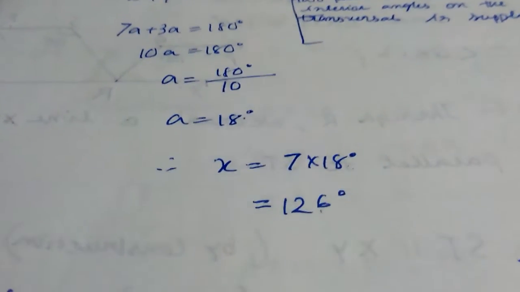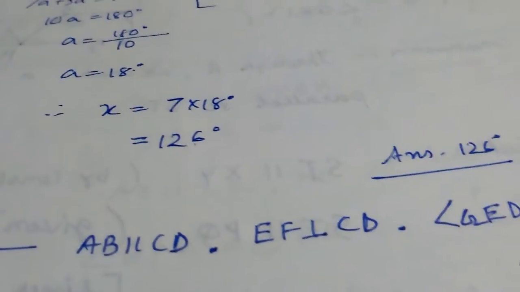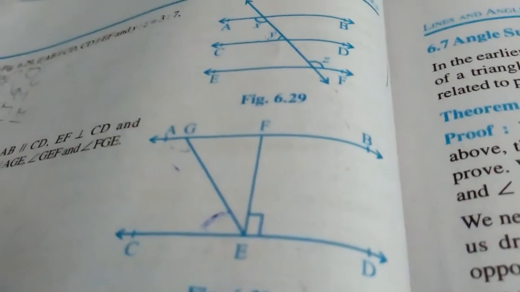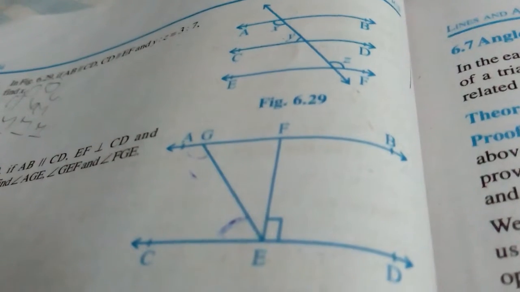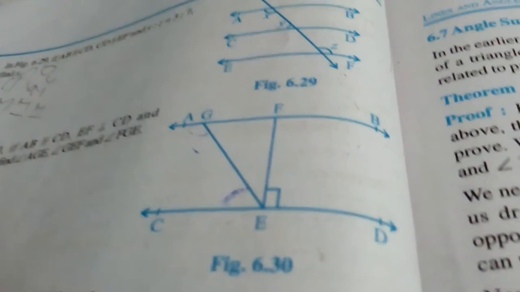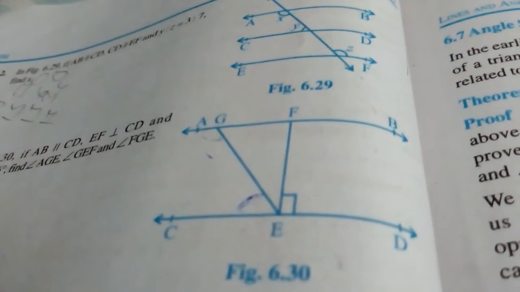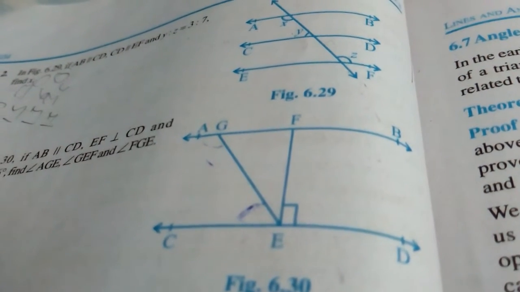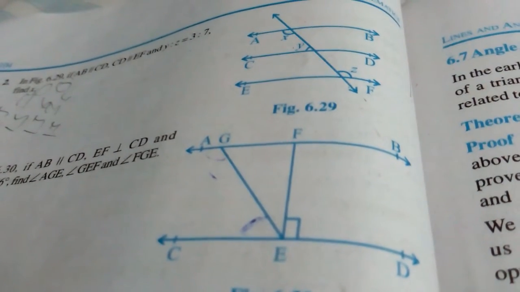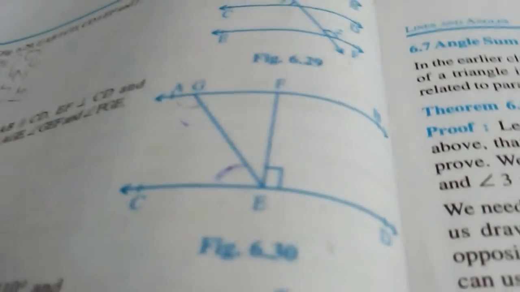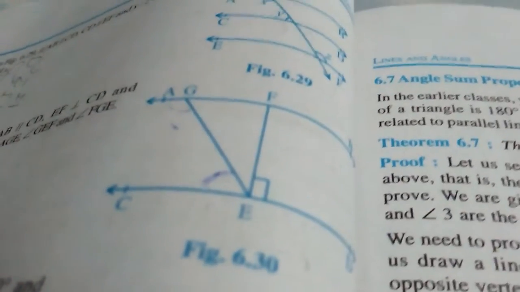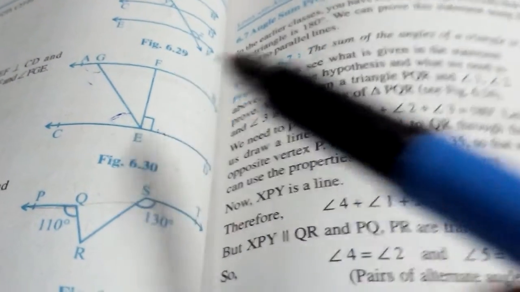Next question, question number 3. You look from the book. Given that AB is parallel to CD, EF is perpendicular to CD, and angle ZED is equal to 126 degrees.